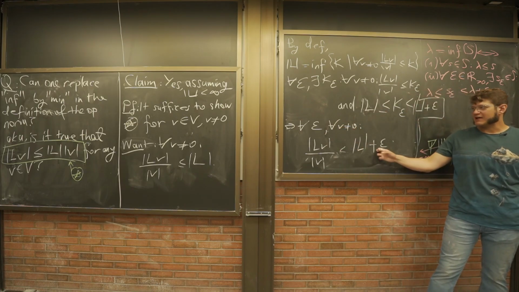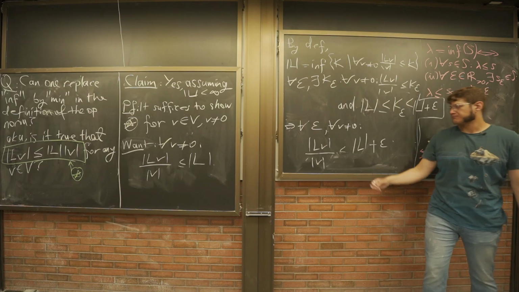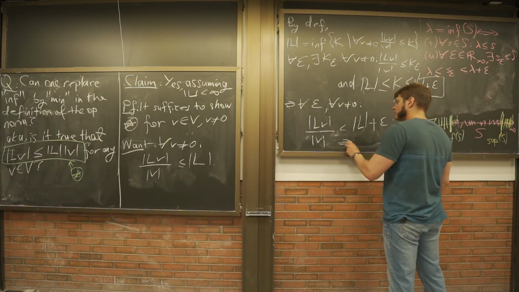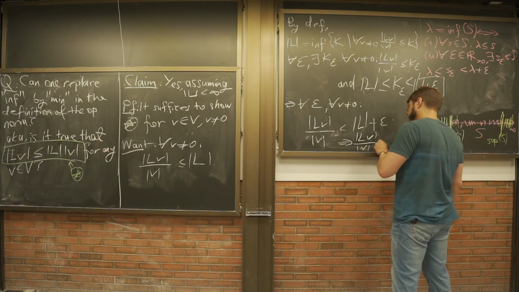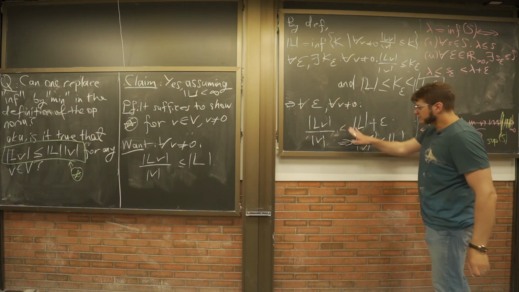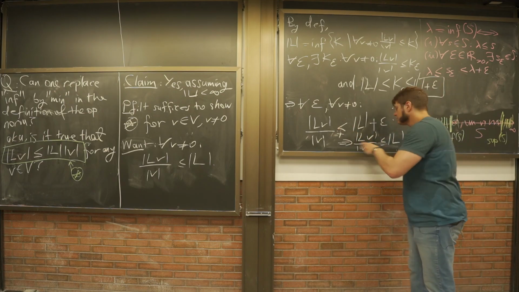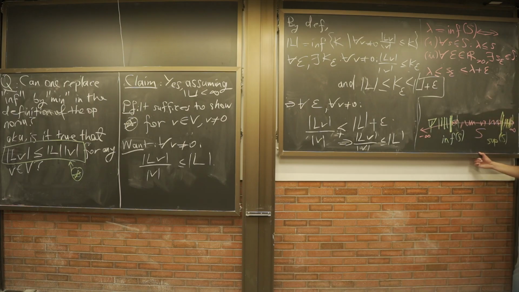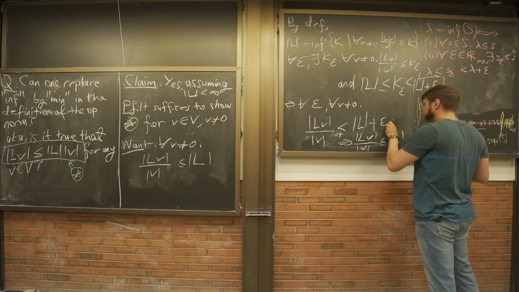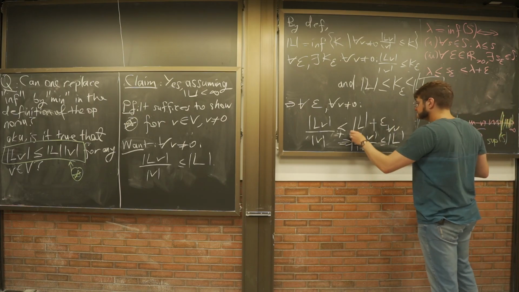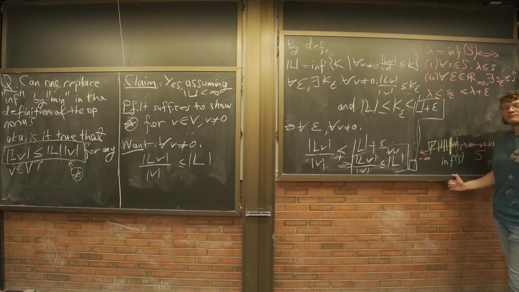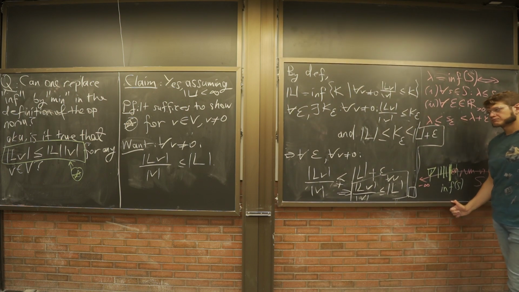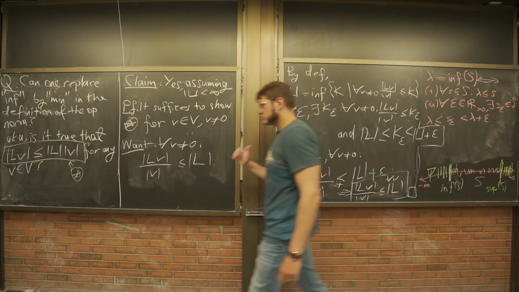And then if I were to take the inf over all epsilons, this strict inequality turns into a non-strict inequality, but I get this for any v. And this is what I was claiming. Any questions or comments about this?